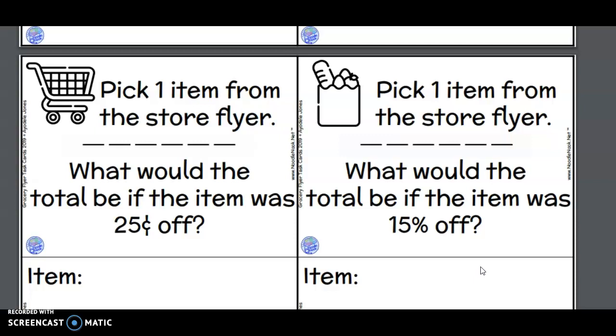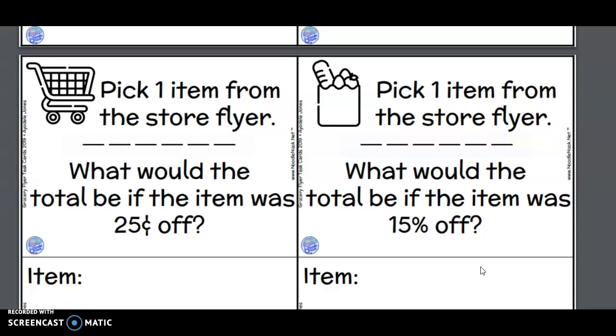That's going to give you a number. So I'm going to do that real quick. 3.99 times 0.15 is 0.5985. So you have to move the decimal point 2 places.